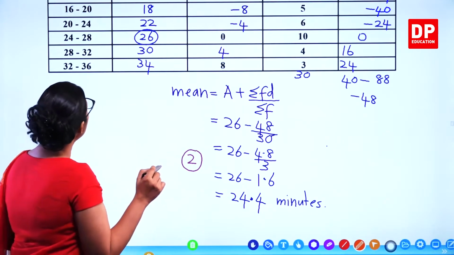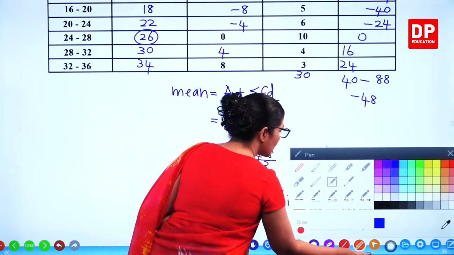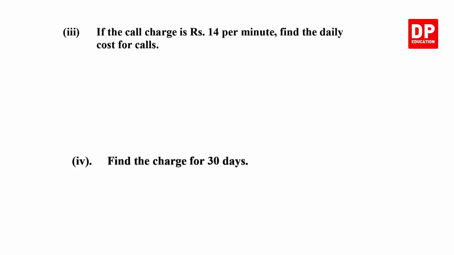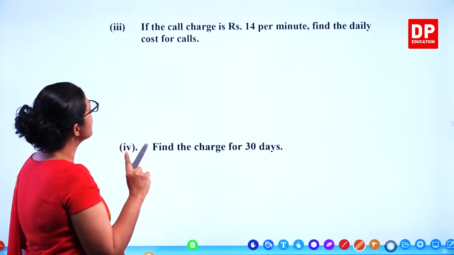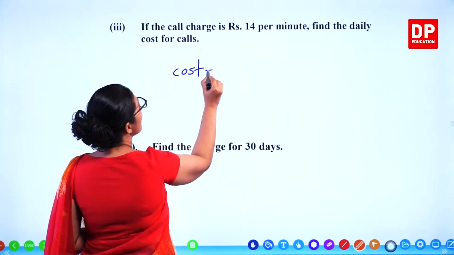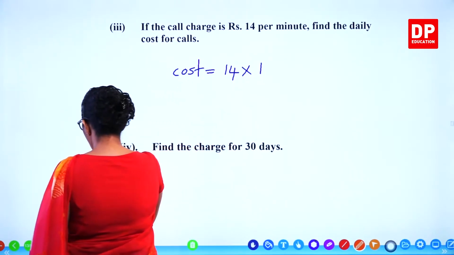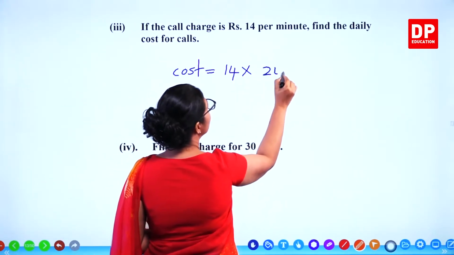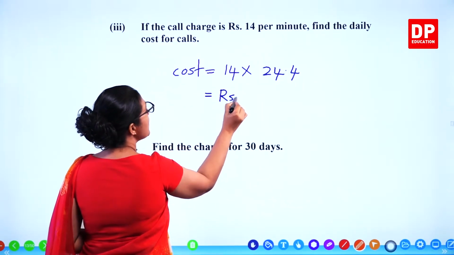Now let's do the next part. If the call charge is 14 rupees per minute, find the daily cost for calls. So daily 24.4 minutes. So what's the cost? 14 times 24.4. That's in rupees.